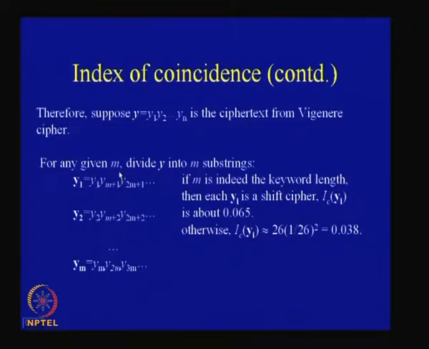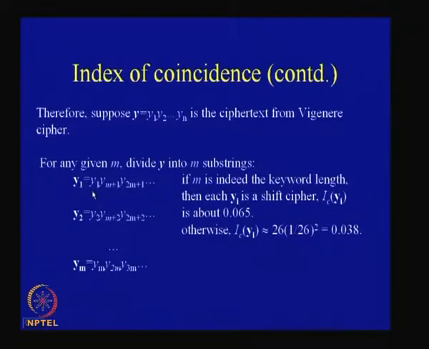Then for any given m, to confirm this value of m, we divide y into m substrings like this: y1 first, then y2 and so on till ym, then ym plus 1, ym plus 2 and so on till y2m. Then we start from y2m plus 1, y2m plus 2 and so on till y3m, and we continue like this, okay. So if m is indeed the keyword length, then each of these rows will essentially be a shift cipher, right?